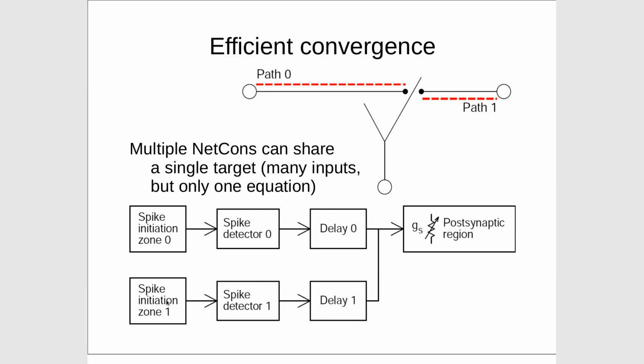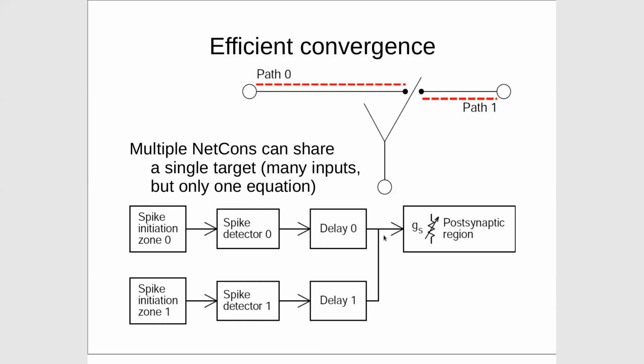And we have a second path from a second spike initiation zone with its own spike detector, which might have a different threshold for detecting a spike if we wanted that. Certainly it could have a different delay. And these two event streams can have different weights. And if they have plasticities, they can have their own local record of their own use-dependent plasticities, so that you can have stream-specific plasticity. Okay?